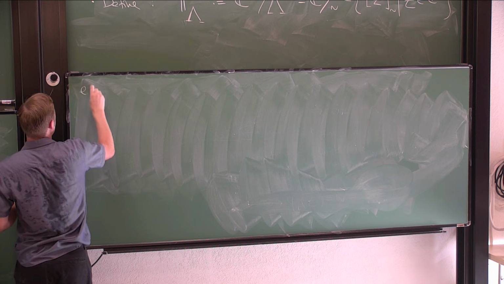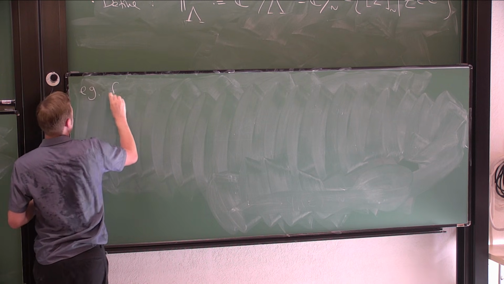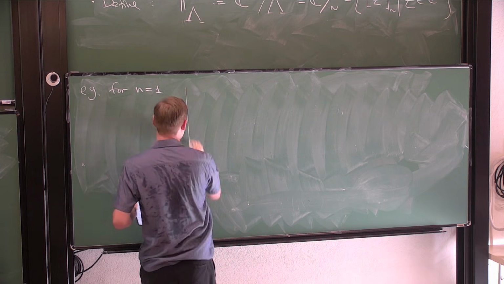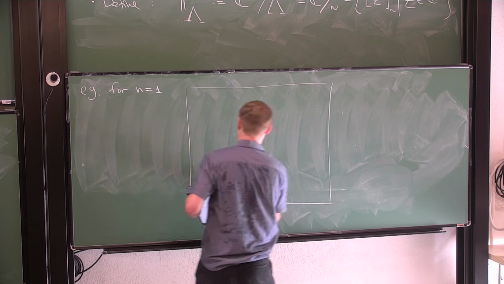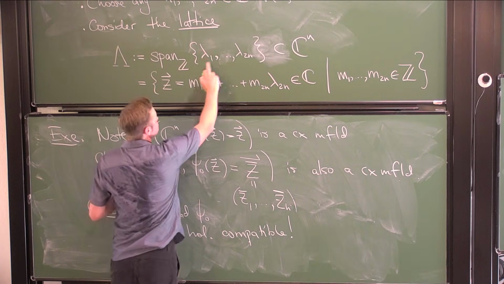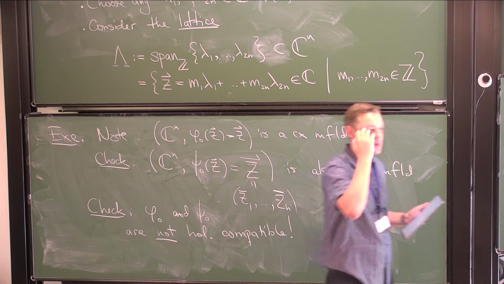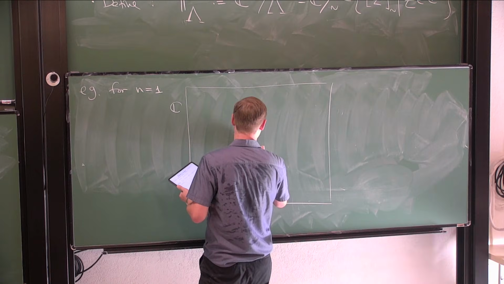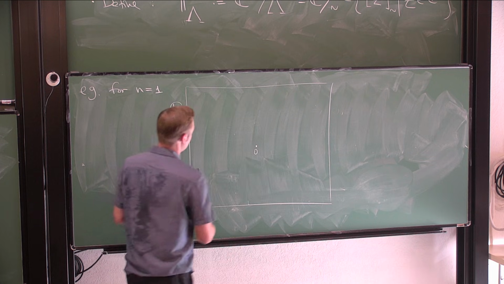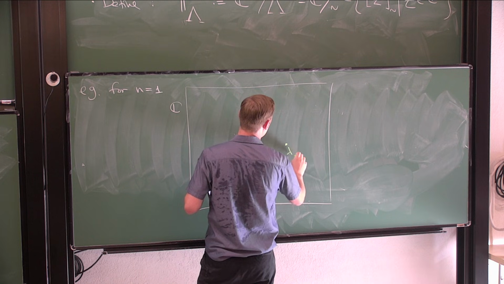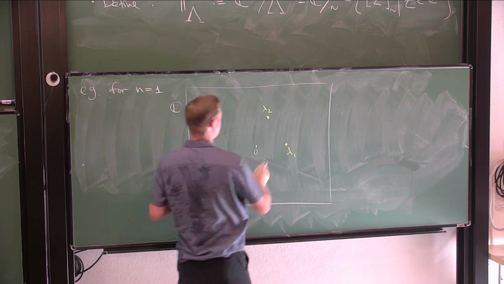So for n equals 1, here is my copy of C. I just need to choose two vectors in C. Let's say this is the origin, and the way I chose my vectors is something like this: lambda 1, lambda 2.